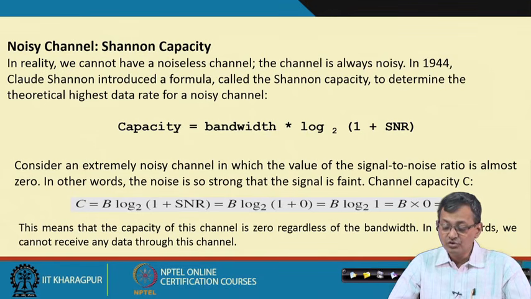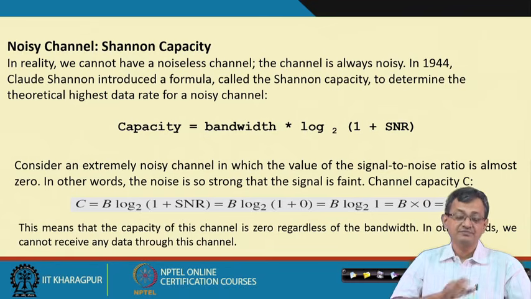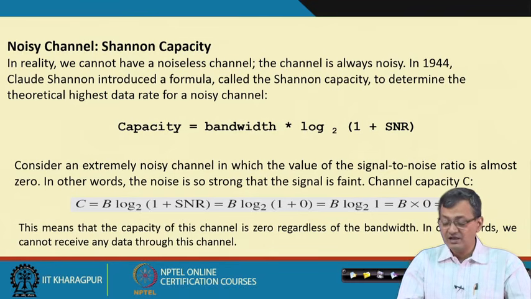So, with a very low signal, the channel capacity C equals B log base 2 of 1 plus SNR, and we find that irrespective of whatever you do, it ends up at 0 or near 0. No transmission is possible, so much noise is there. This means the capacity of the channel is 0 regardless of the bandwidth. In other words, we cannot retrieve any data through this channel.